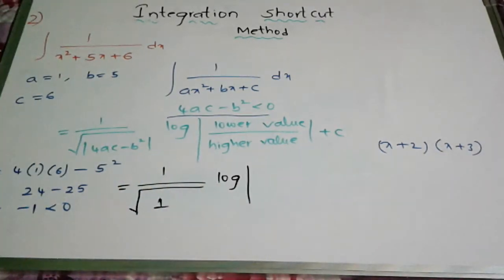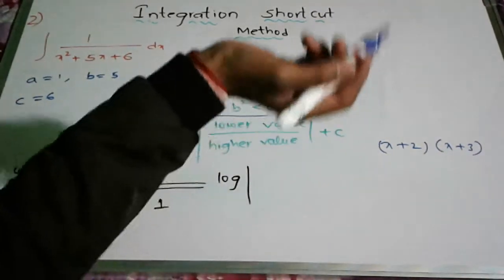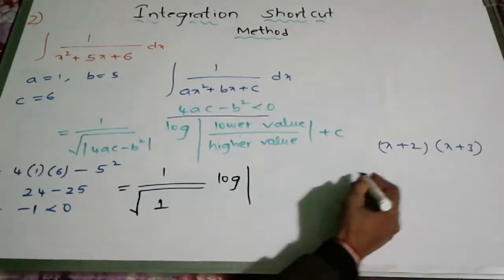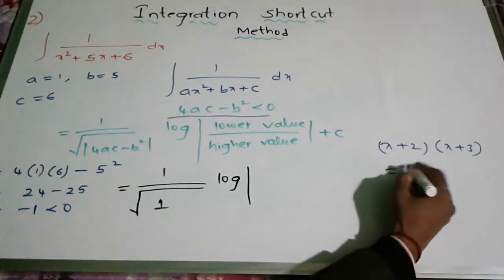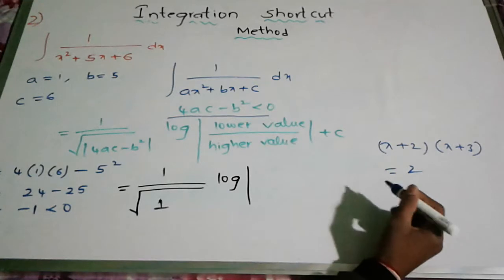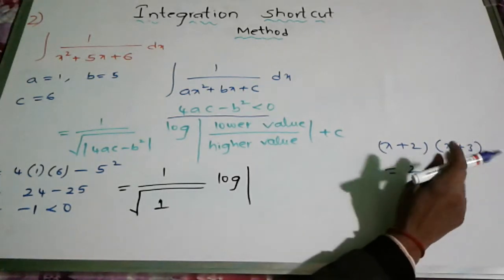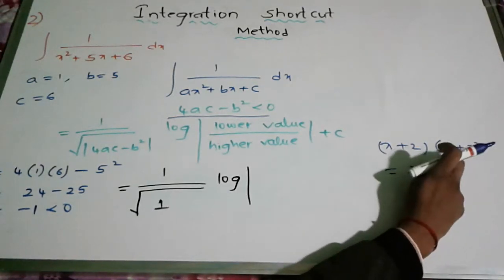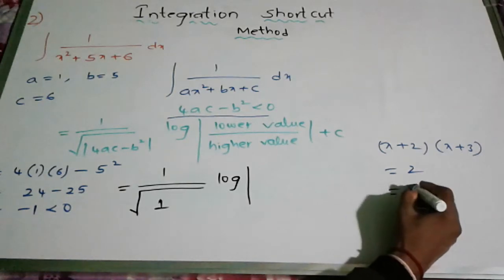If I substitute 0 over here, I am getting 2, and if I substitute 0 over here, I am getting 3.